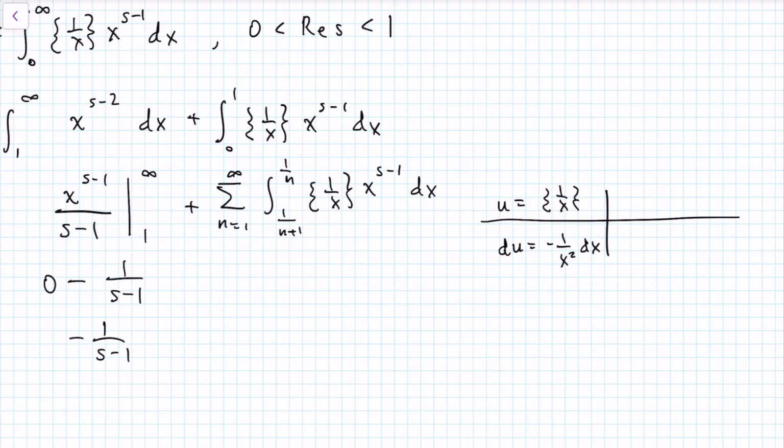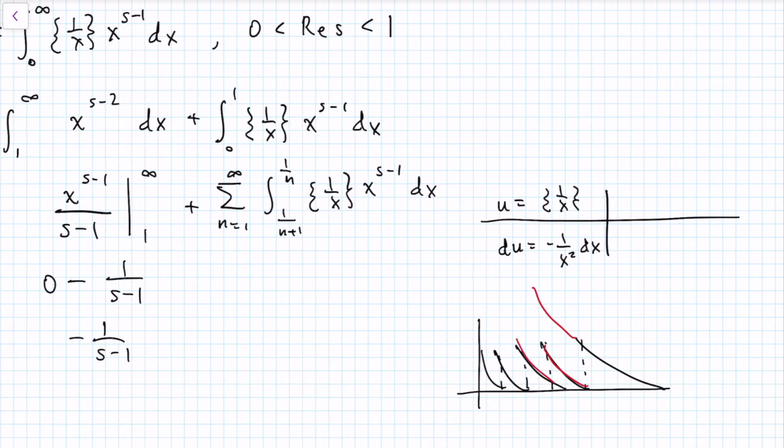Essentially, if you graph the fractional part of 1 over x, it'll look something like this. I'm not quite doing it justice here, but essentially you have these backward ramps, which if you shift up, so imagine shifting this one up, shifting this one up, and shifting that one up, you just get the graph of 1 over x.